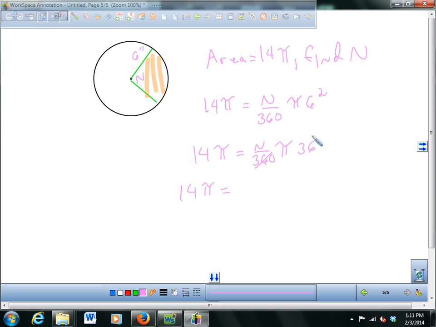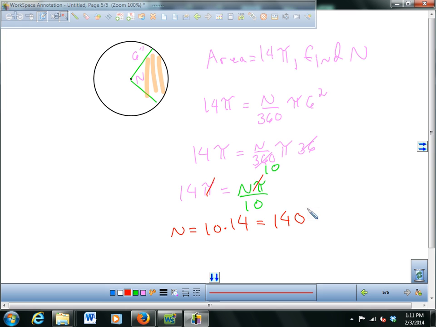How many times does 36 go into 360? 10, right? So you get n pi over 10 equals 14 pi. What else could I cancel out from both sides? Pi. So I get n equals 10 times 14, which is 140. What's the units?